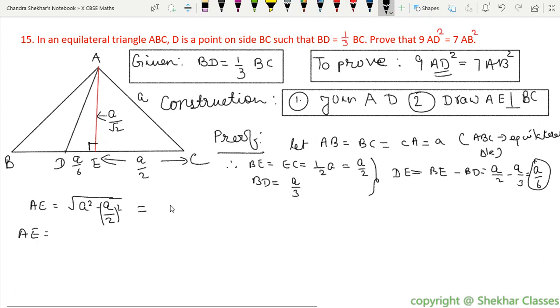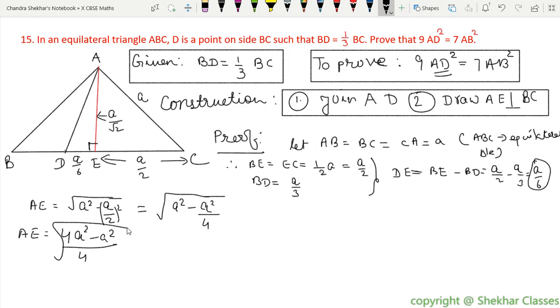This is what happens when we skip steps. It will be A square minus A square by 4, right? So finally it will be 4A square minus A square upon 4, and it will give you 3A square upon 4 under root, and that is what we get here.